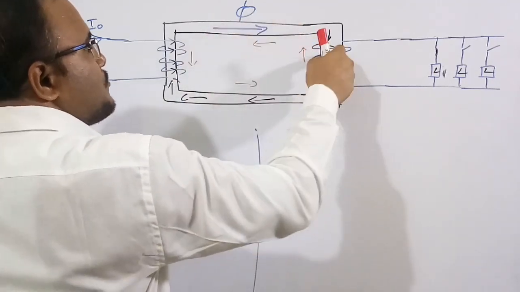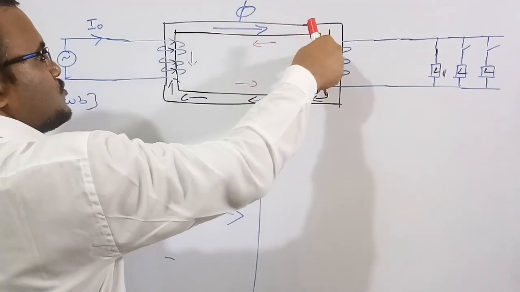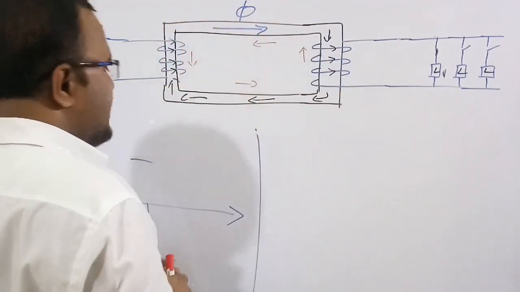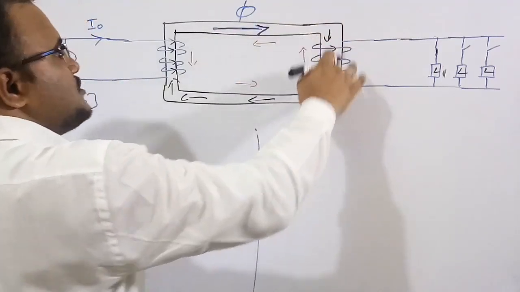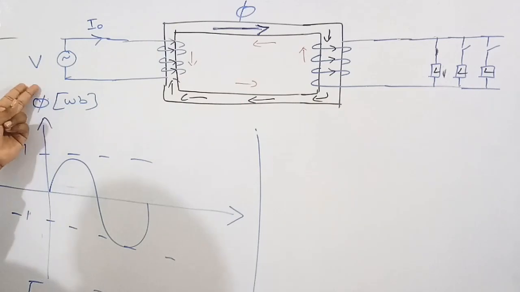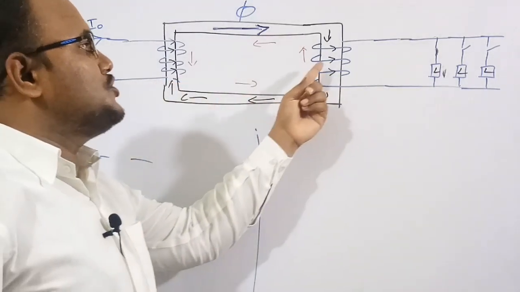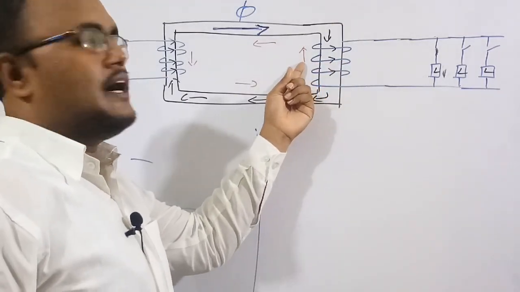This flux will be produced in the core so that it passes through the core in this direction, like an arrow. Let me assume the black arrow indicates the direction of the flux due to the original winding, which is the primary winding, but due to this current a small amount of flux will be produced, which is the red mark.